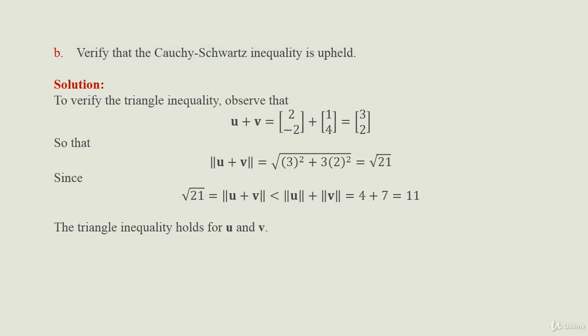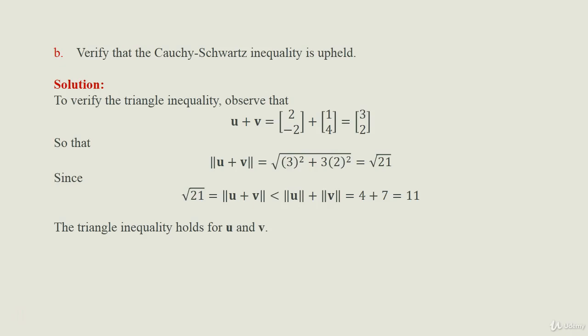Now the next is to verify the triangle inequality. Observe that U plus V is equal to the matrix containing 2 and minus 2 plus the matrix containing 1 and 4, which is equal to the matrix containing 3 and 2. So the norm of U plus V is equal to square root of 3 square plus 3 times 2 square, which is equal to square root of 21.